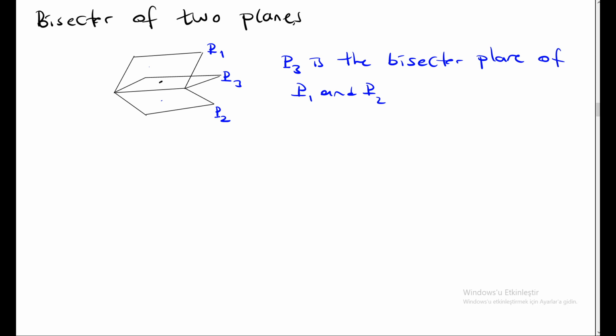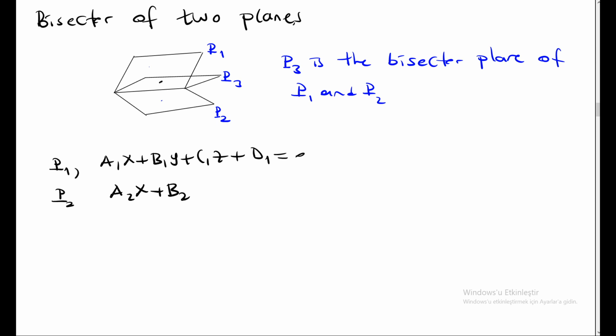So let's say P1 is A1 times X plus B1 times Y plus C1 times Z plus D1 equals 0. And P2 is A2 times X plus B2 times Y plus C2 times Z plus D2 equals 0.